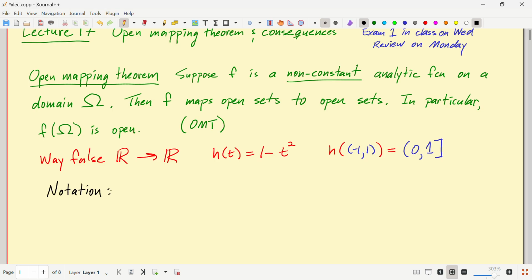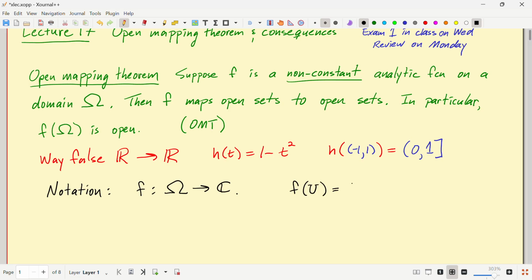Let's see, I guess this is a good moment to review some notation. Let's suppose we have f mapping the domain omega into C. We'll write f of U of a set.